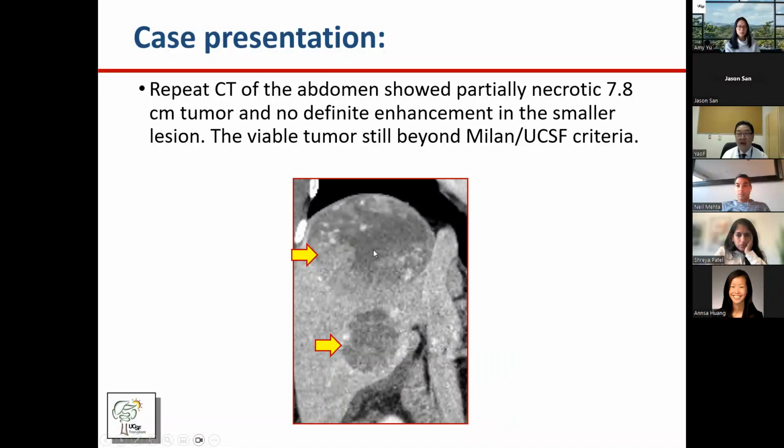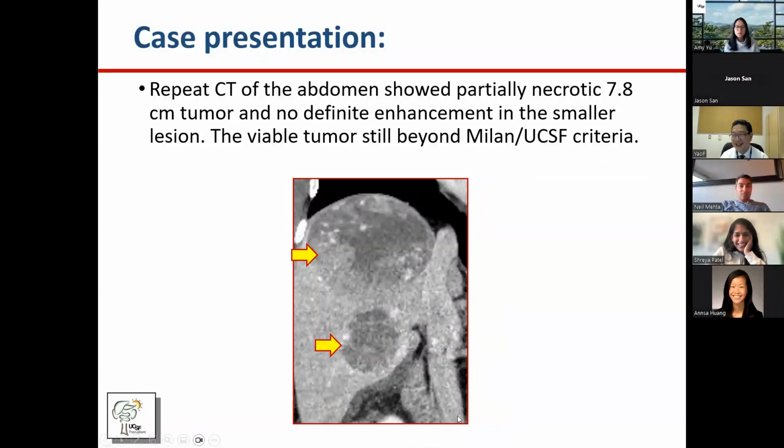So would you transplant this patient, or say palliative care, no transplant? Let me have a show of hands. How many of you would say, yeah, let's transplant this patient? Nobody.